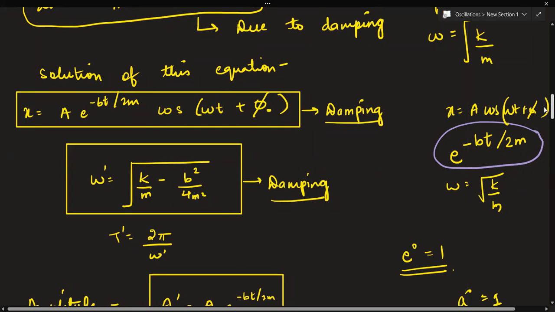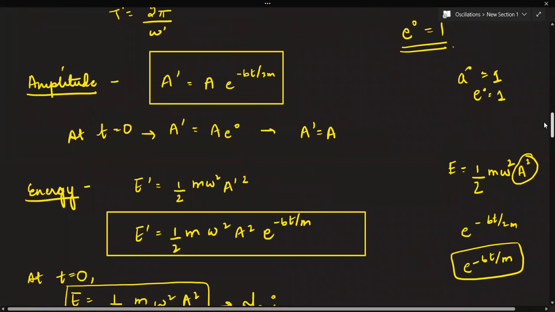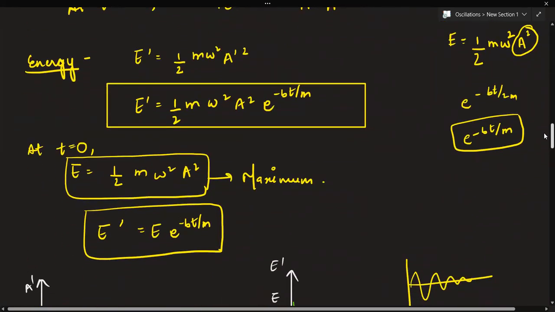And we had also seen energy. In case of energy, it was half m omega square A square. Now since the amplitude is not the same, this energy will not be exactly the same. So it will be half m omega square A square multiplied by e to the power minus bt by m.